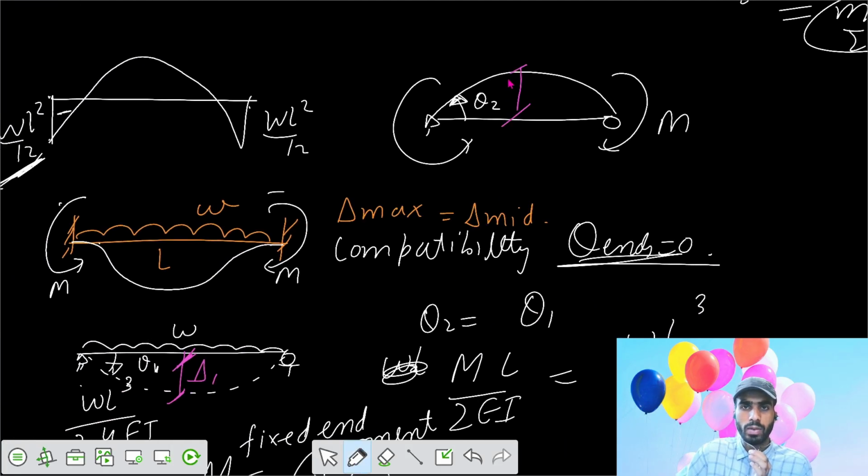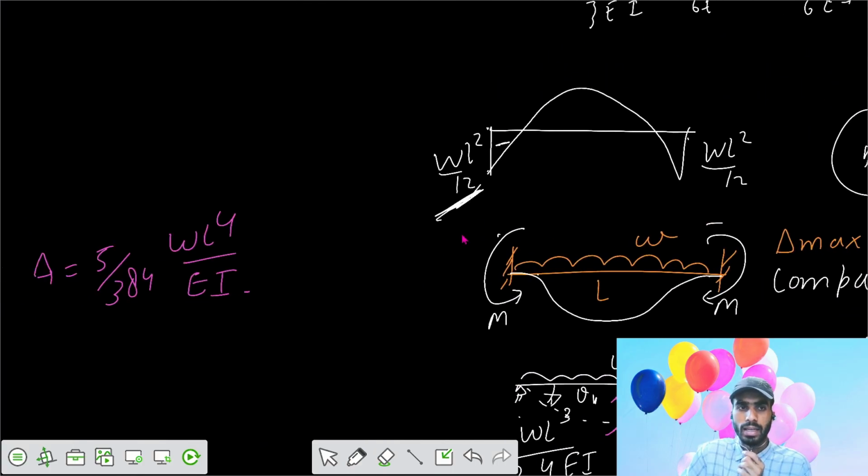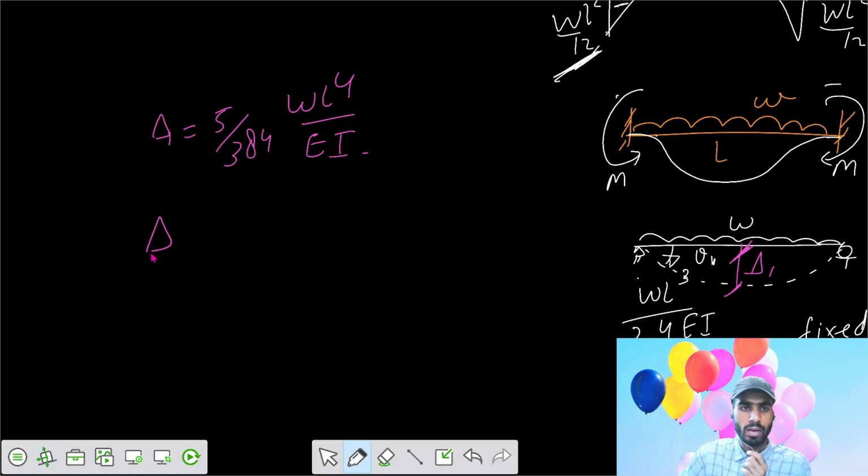The delta at the mid for that is ML square by 8 EI. This is an important result also. You can keep it in your notebook: ML square by 8 EI. That is upwards. This one was your downwards, and this one is upwards, delta 2, and equate them.